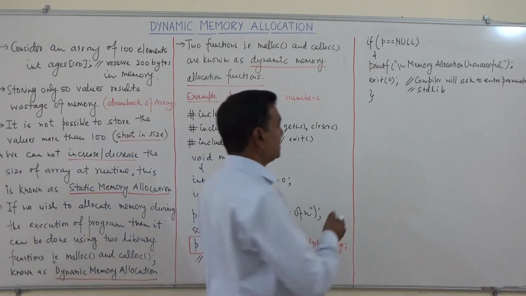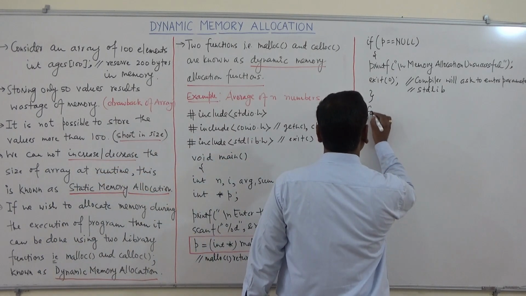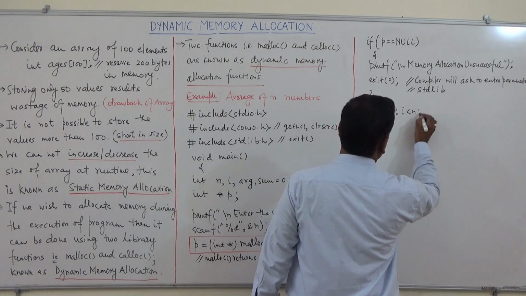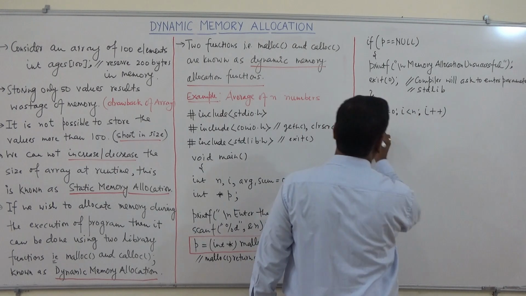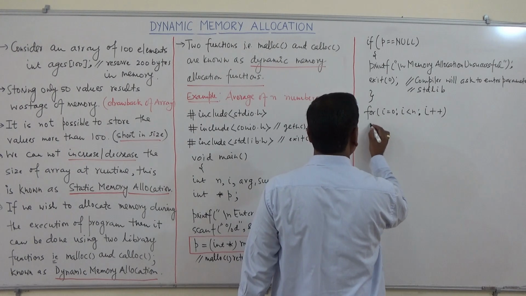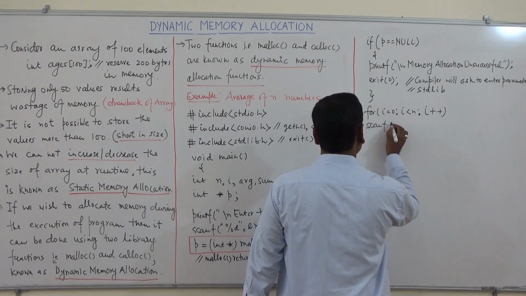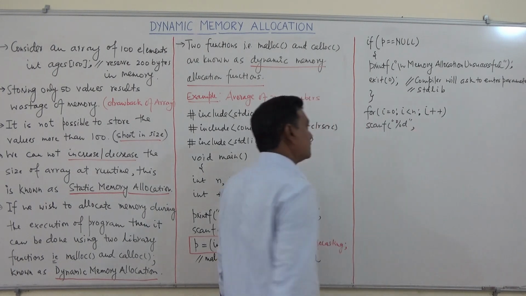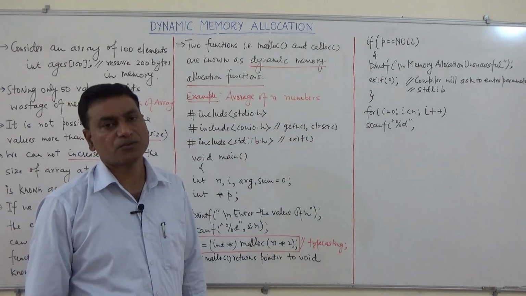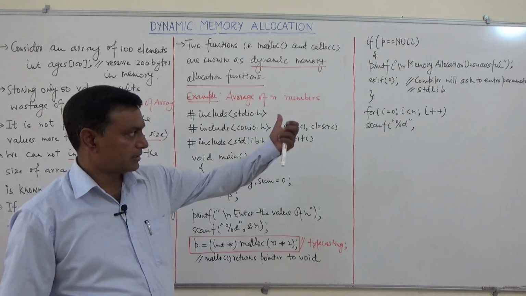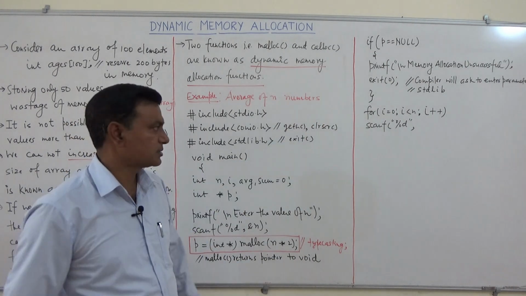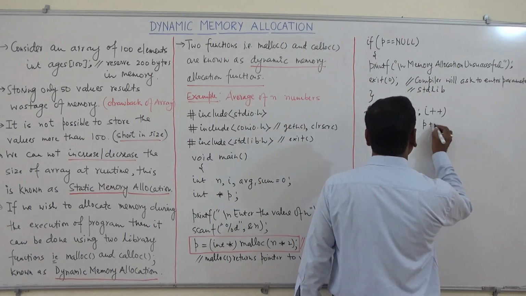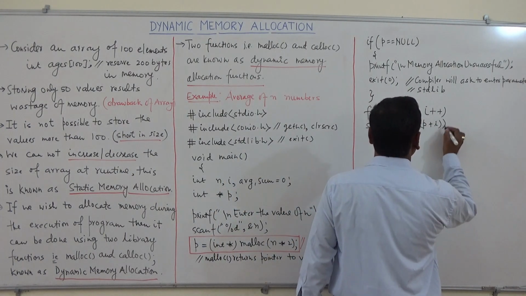Now we will use a for loop: for i equals 0, i less than n, i plus plus, and then scanf. We will store all the values at these locations, so we will use here p plus i.